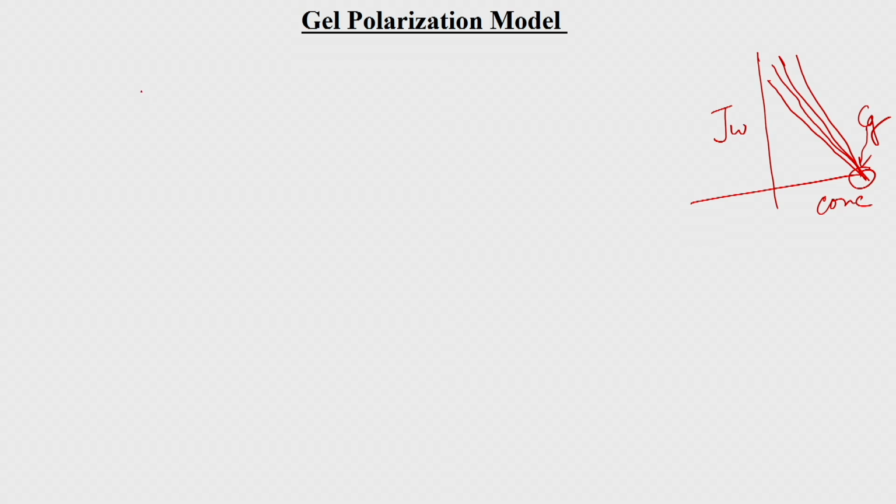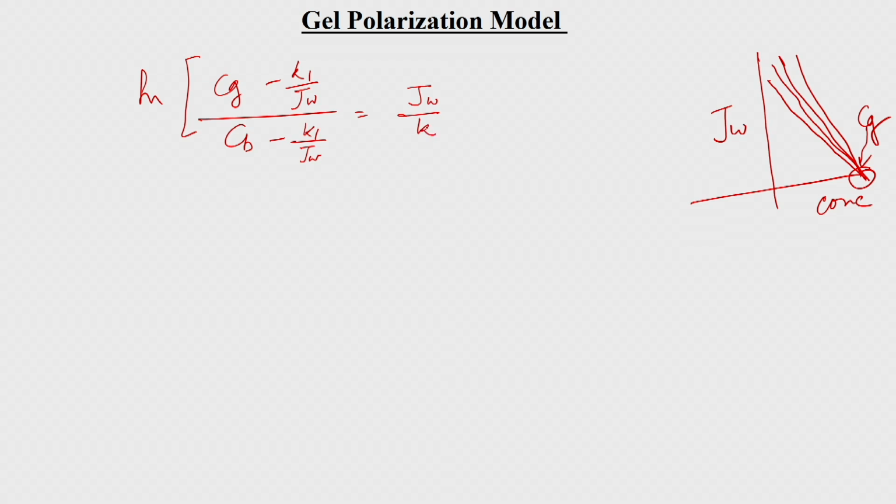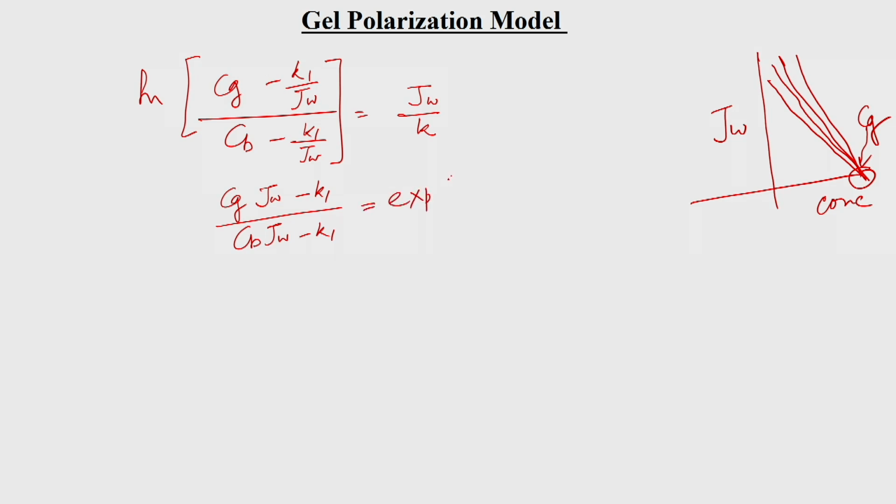Now, this ln (Cg minus k1 by Jw) by (Cb minus k1 by Jw) is equal to Jw by K. Just by manipulation and adjustment we will be getting this Cg into Jw minus K1 by Cb into Jw minus K1, that will be equal to exponential Jw by K. Okay.